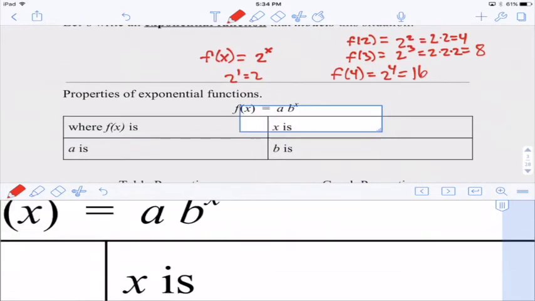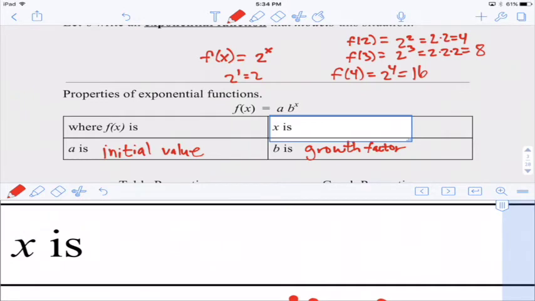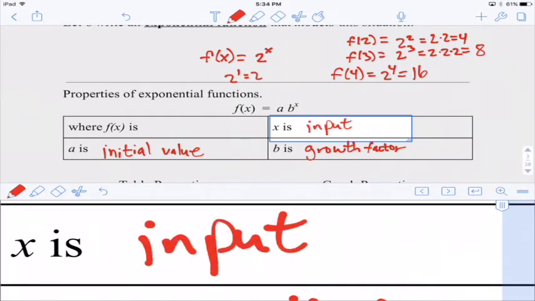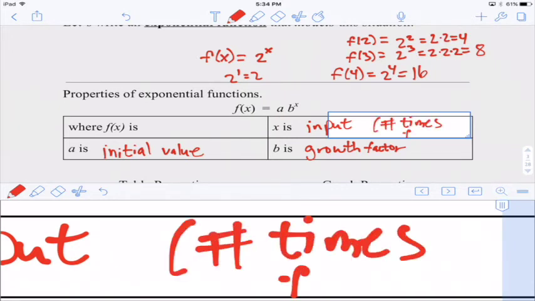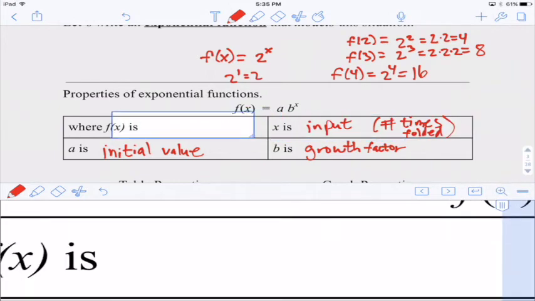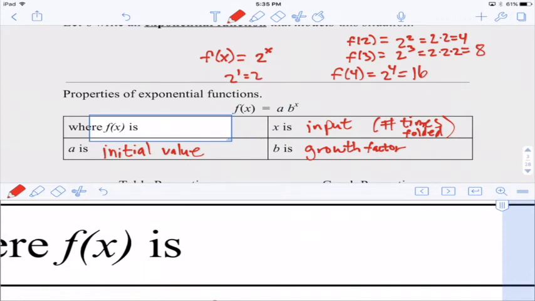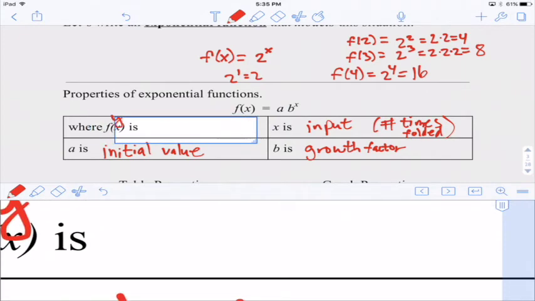So here's where this comes from. X is our input, right? That was the number of times we folded. And f of x, or y as we sometimes call it, is our output.